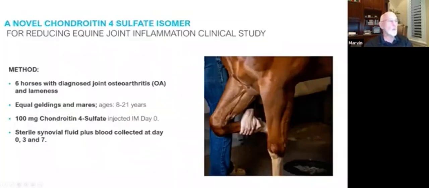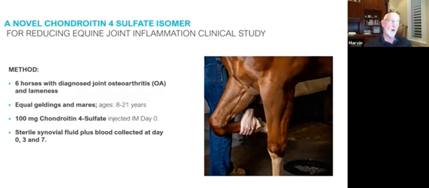Okay, let's really show you what can happen in arthritis and inflammation. So we took 6 horses with diagnosed joint osteoarthritis and lameness. We had equal geldings and mares, and we injected 1 dose of 100 milligrams of chondroitin sulfate IM.